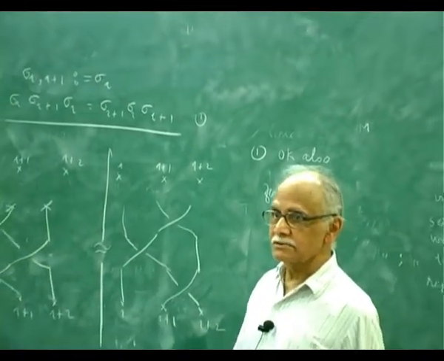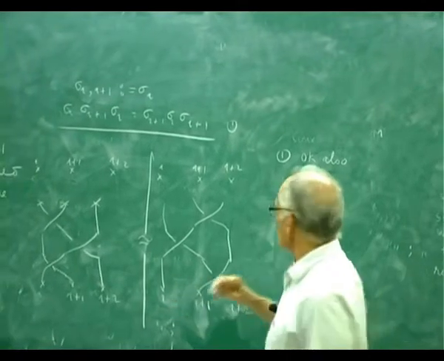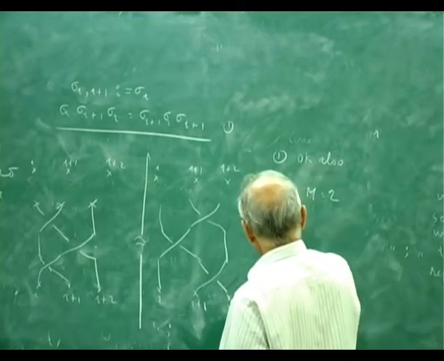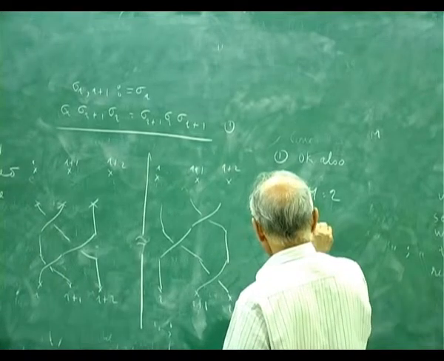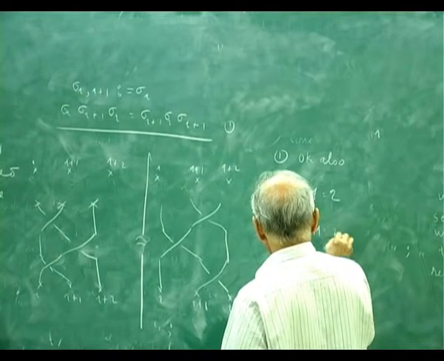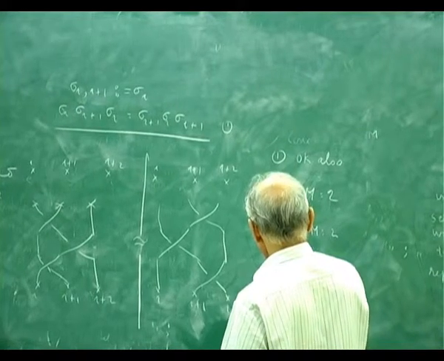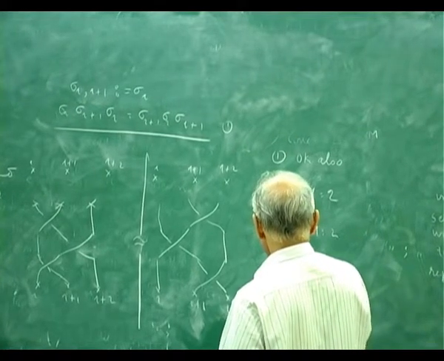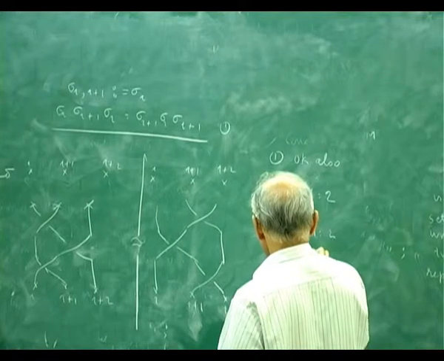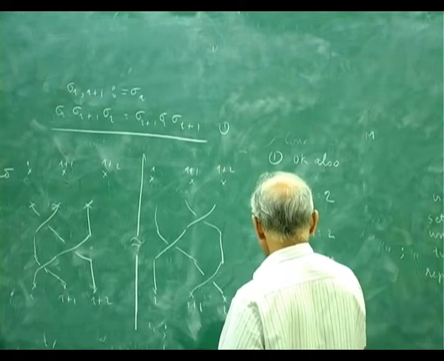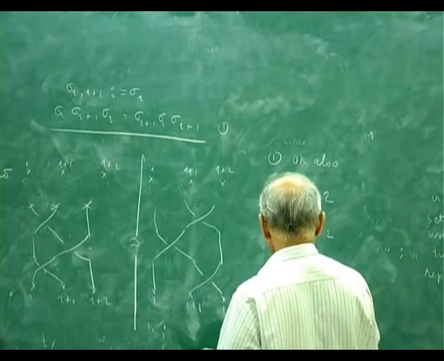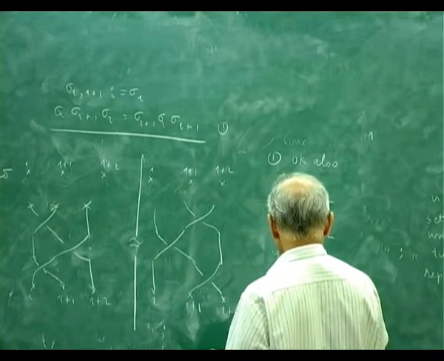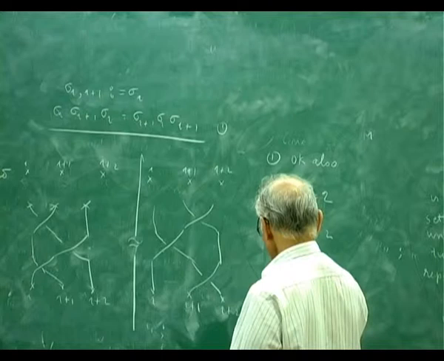I will get a knot. So for n equal to 2, which is 2 dimensions, m equal to 2, if we join top with bottom, you get a knot.